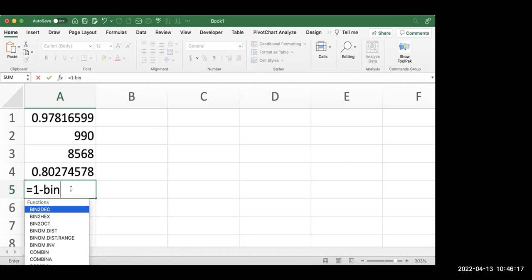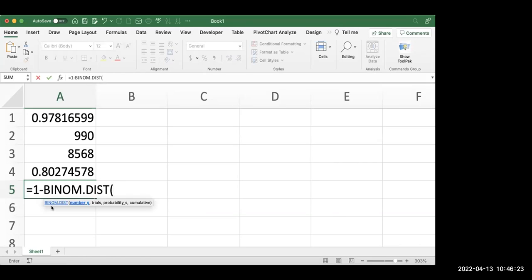And so 1 minus binom distribution. I want to get rid of everything less than or equal to 1. I have 16 trials with fixed probability of success 0.41. And I want this to be cumulative.